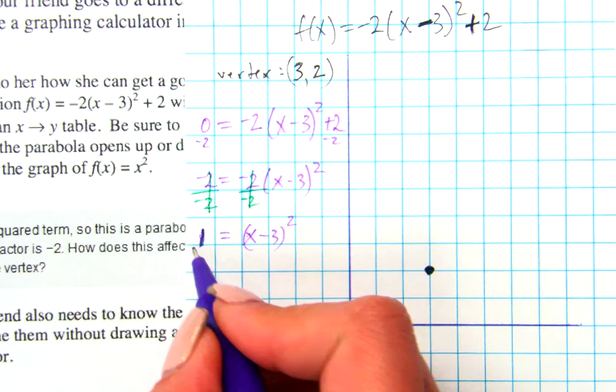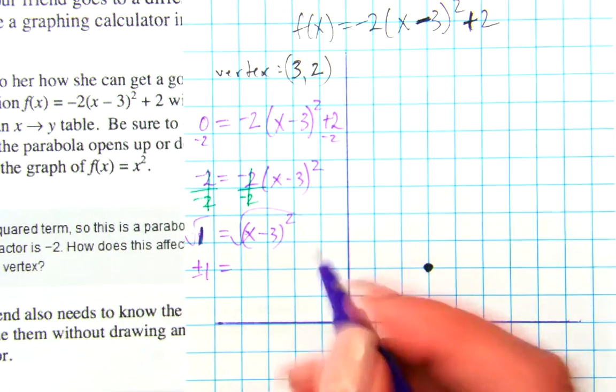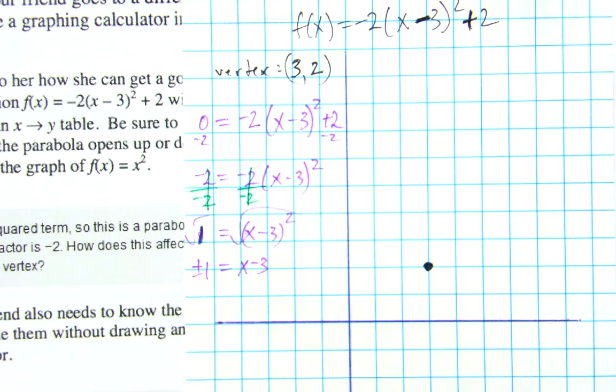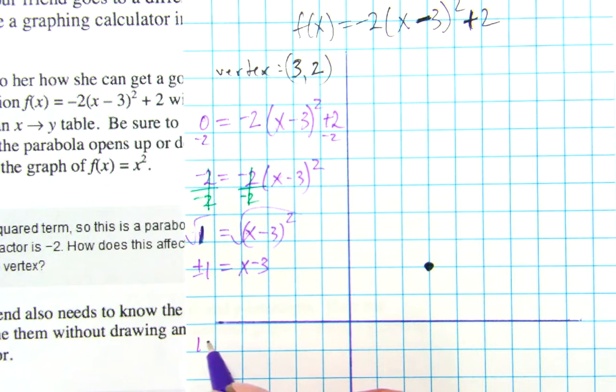Now you take the square root of both sides and get plus or minus 1 is equal to x minus 3. And then you should get +1 equals x minus 3, or -1 equals x minus 3. Add 3 to both sides.